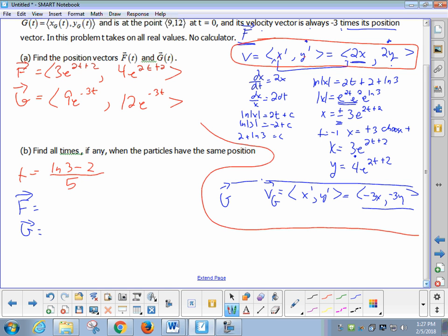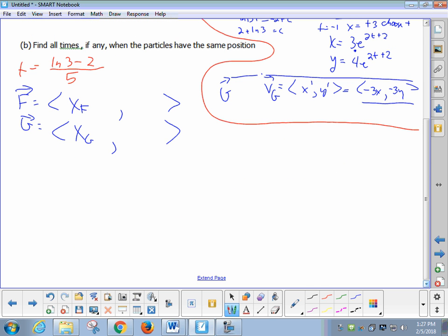Yeah, they can't have passed through the same x but at different times of the same y. It has to be the same x and y at the same time. So we need to set the x's and the y's equal to each other, and verify that there is a time where they're equal and it's the same time for both.